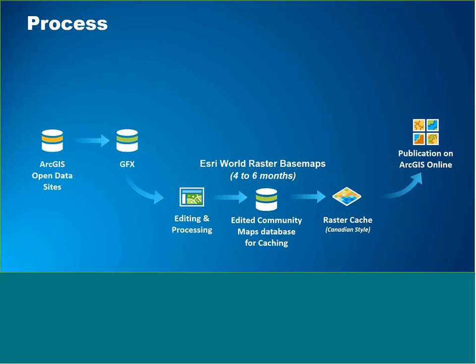We'll do some edge matching along the boundaries of a community so that the map looks seamless as you pan across the map. And once that's ready for publication, we send it off. We generate a raster map cache and we send it off to Esri Inc. And they produce a raster cache for the whole world that is published on ArcGIS Online. And that's what the base maps that you access online, that's what you're seeing.